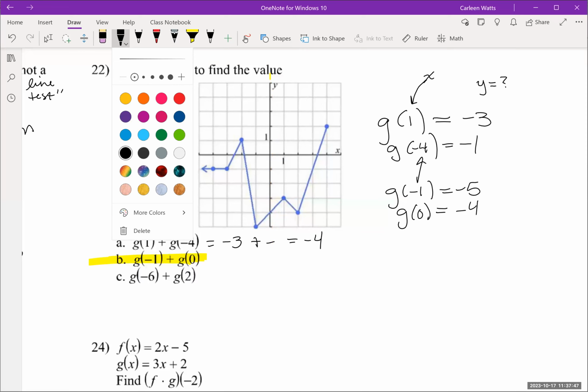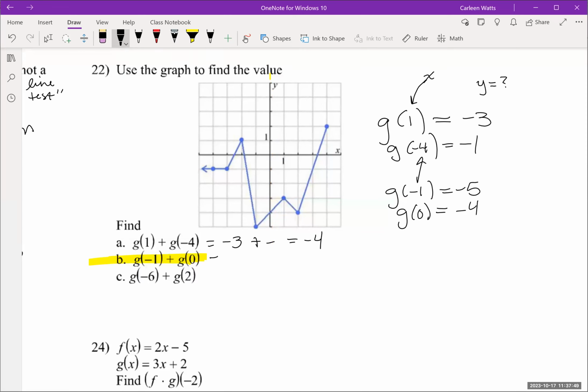G of -1 is -5. G of 0 is -4. It says right here to add them, which is -9.